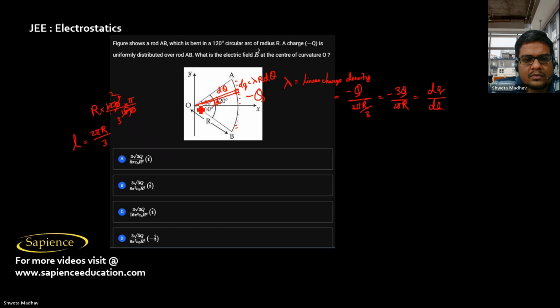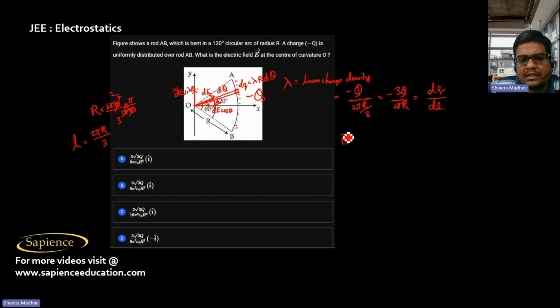It will be like this, since it is having negative charge. So it will have components. One is along the x-axis, which is dE cos theta, and along the y-axis the component will be dE sin theta. Now dE sin theta components, as I told, will get cancelled out. Only dE cos theta components will remain.